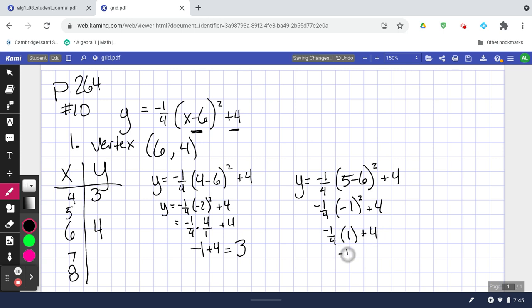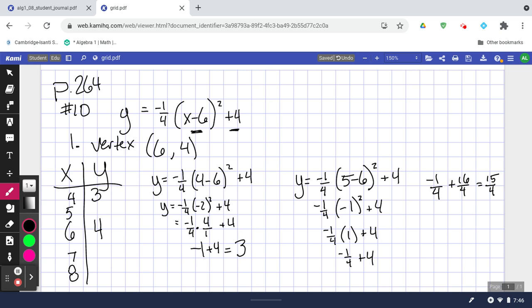Okay, so -1/4 plus 4. I guess I do have to worry about a decimal or fraction here. If it makes more sense to you to say, okay, well, 4 is really 16/4. So -1 plus 16, so I have 15/4. You could do that. I think that'd be hard to think about where on the graph 15/4 would be.